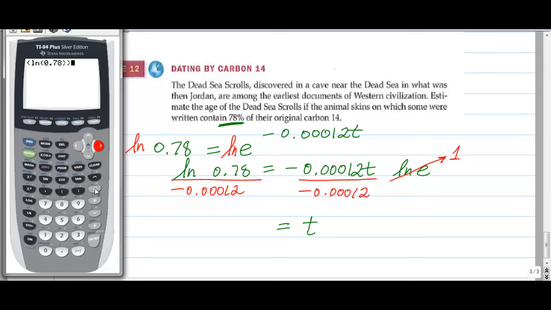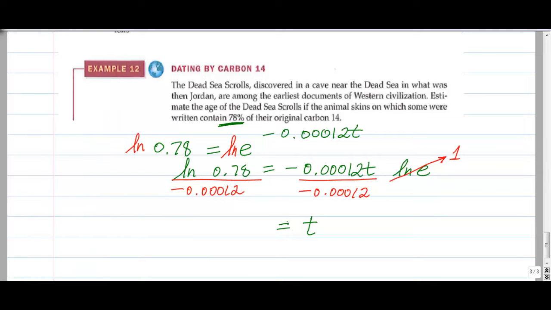I'm never sure if the calculator will do ln 0.78 or only divide the 0.78, so just to be safe I do this, divided by negative 0.00012. Again, you can do this in pieces. And we get 2070.5. So t is approximately 2070 and a half years.